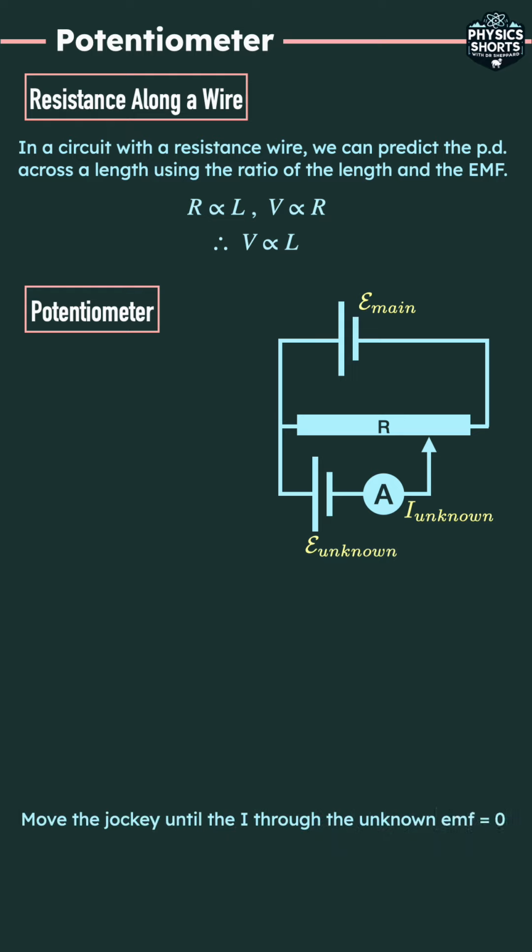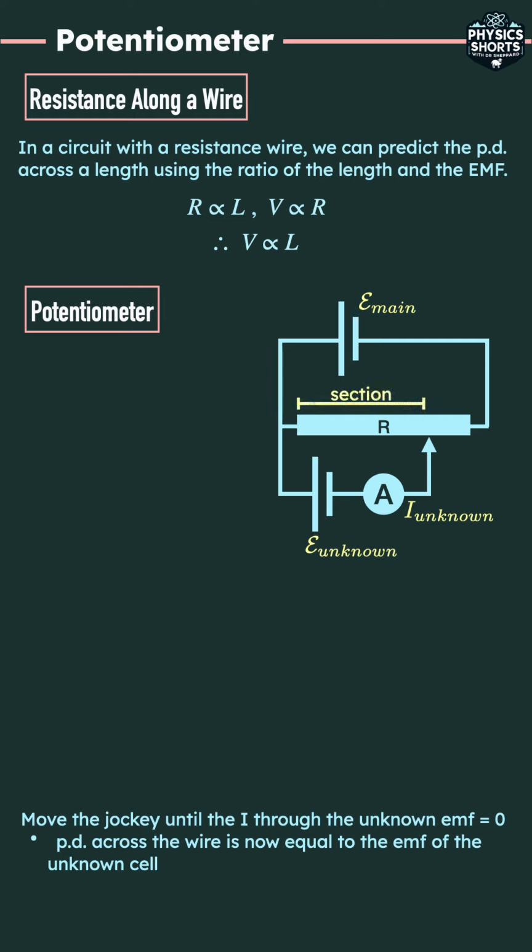This means the PD across the left-hand section of the wire is equal to the EMF of the unknown cell, and the PD of the section of wire is given by the length of the section of wire.